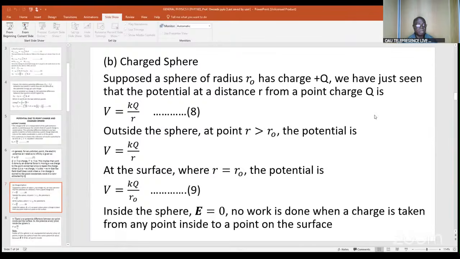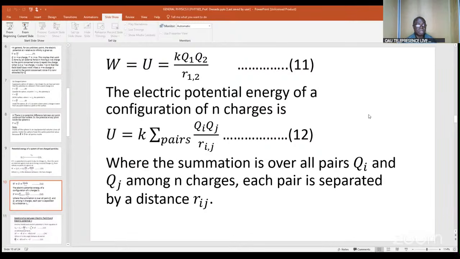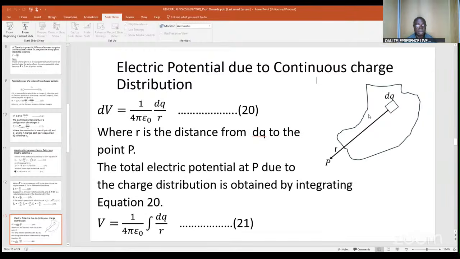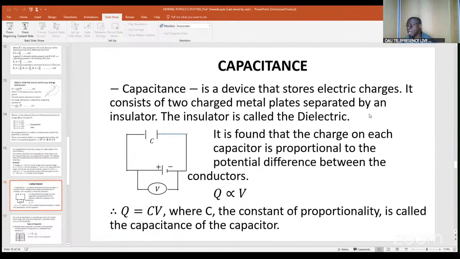By the grace of God, we got to where we had a situation with the relationship between, we've done this, equipotential, and I gave you some work example in class.